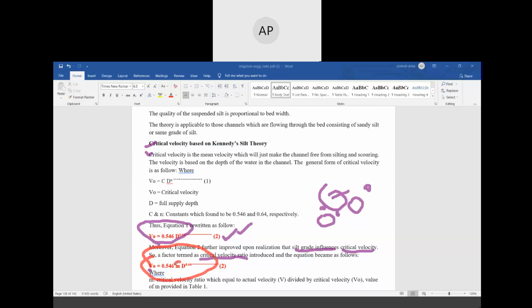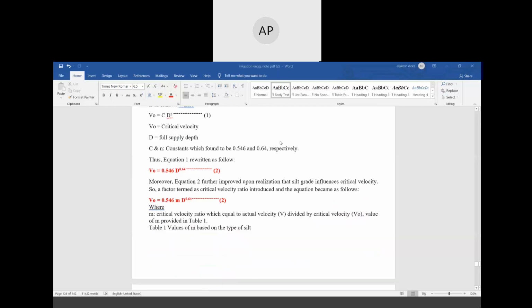Here one term is introduced, m. Okay, so what is m? Where m is the critical velocity ratio. So he modified the equation where he introduced one term m, which is called critical velocity ratio, which is equal to actual velocity divided by critical velocity. That means m is equal to v divided by v naught.